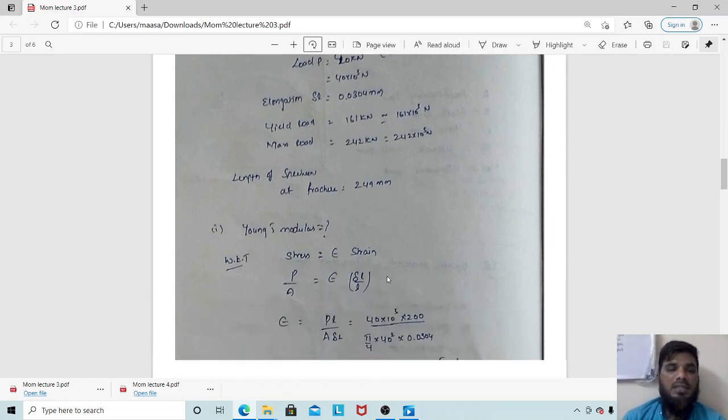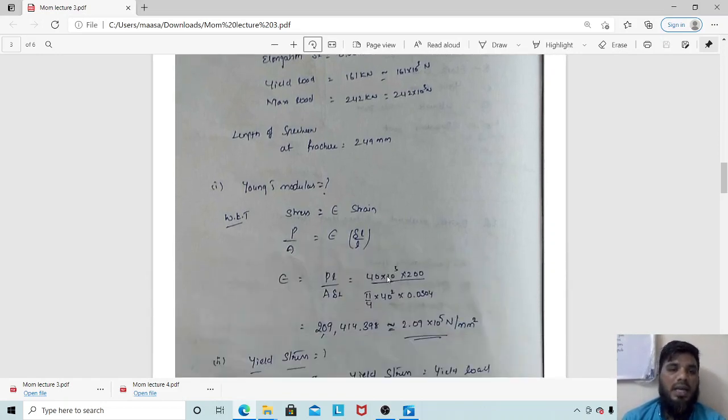The first question they have asked is Young's modulus. We know that stress is equal to E into strain, that is stress by strain is equal to Young's modulus, where E is nothing but Young's modulus here. Stress is nothing but load upon area, P by A, whereas strain is nothing but delta L by L. Now E is equal to PL by A delta L. Do cross multiplication here: L goes up, delta L comes down.